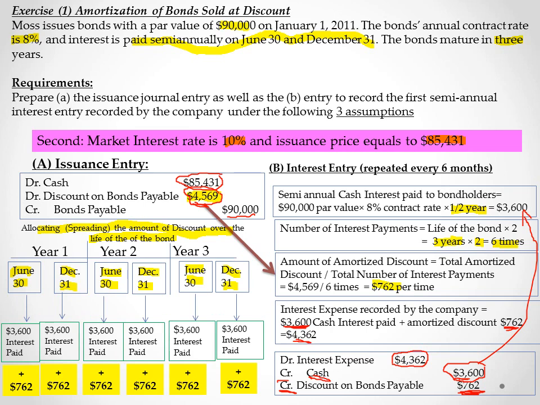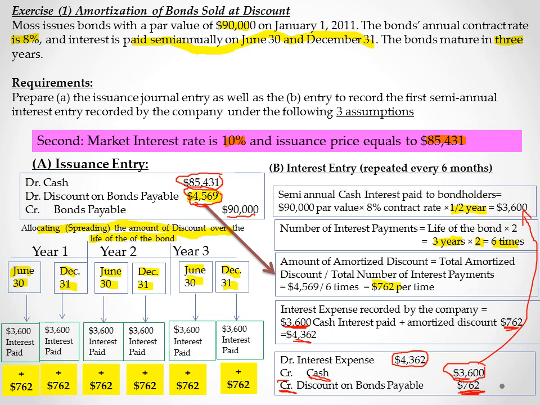So the cash payment is 3,600. However, the interest expense that the company will have to record each period will be the total of the cash interest payment plus the amortized part of the discount. So this will make it 4,362.